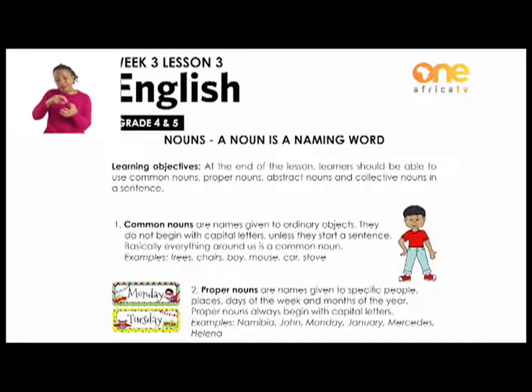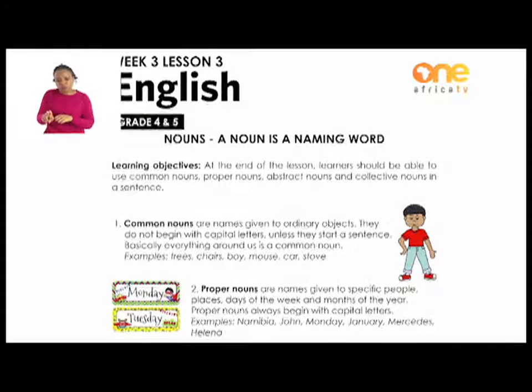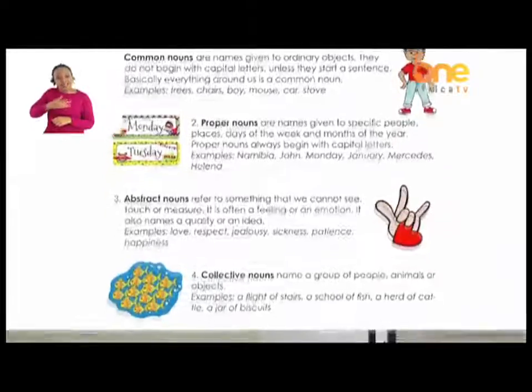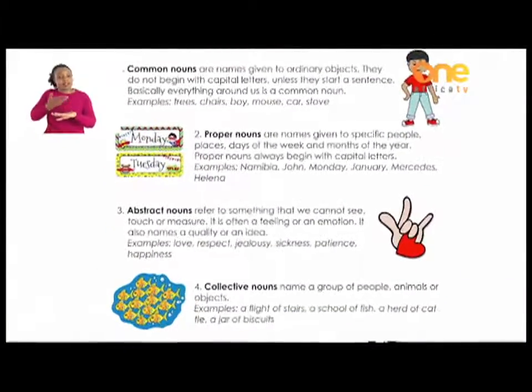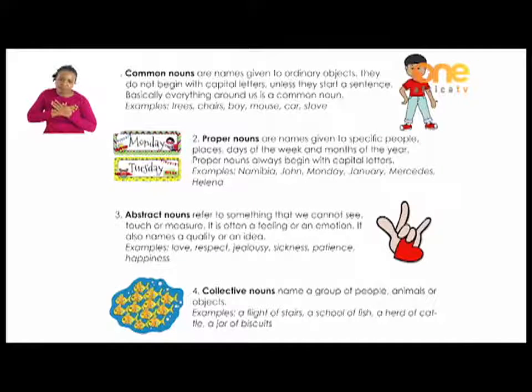An abstract noun names something that we cannot see, touch, or measure. It is often a feeling or an emotion. Examples: love, jealousy, sickness. I am only going to mention a few.